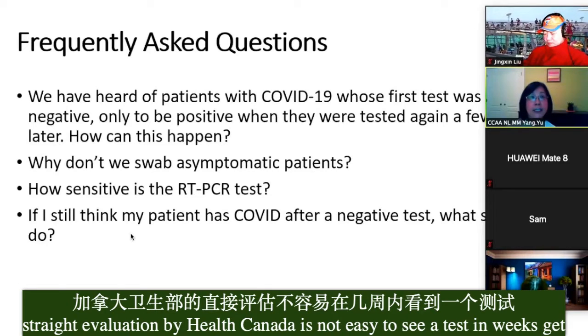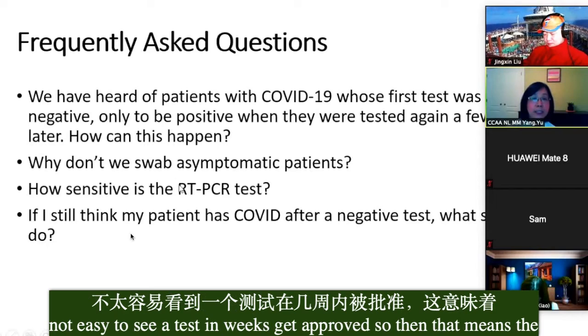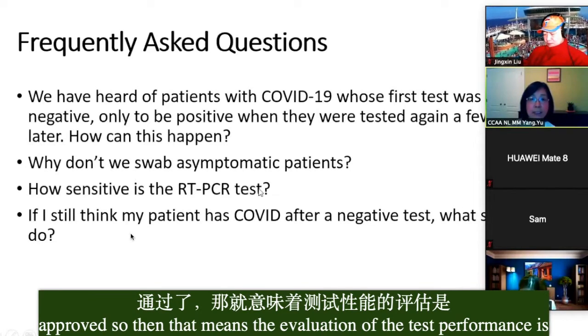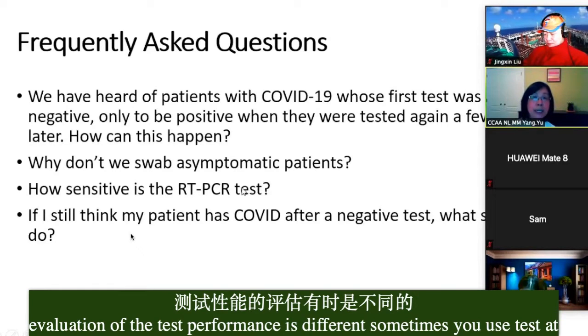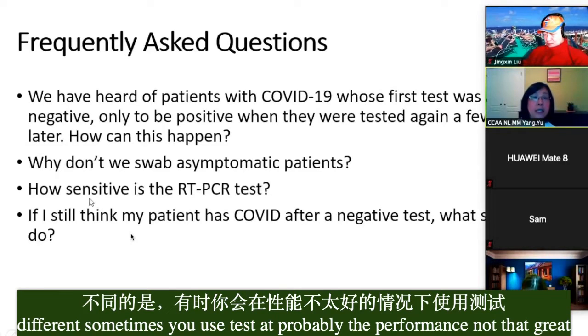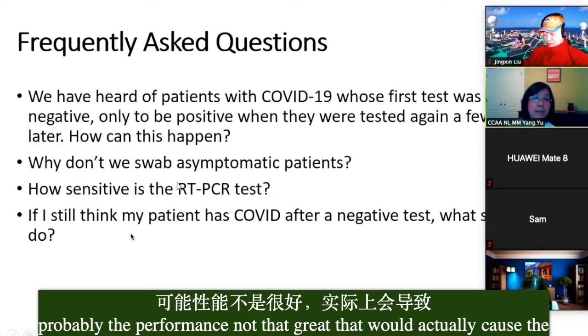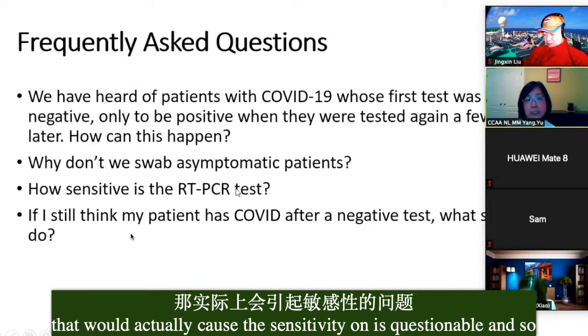It's not easy to see a test get approved in weeks. That means the evaluation of the test performance is different. Sometimes you use a test whose performance is not that great, which would cause the sensitivity to be questionable.